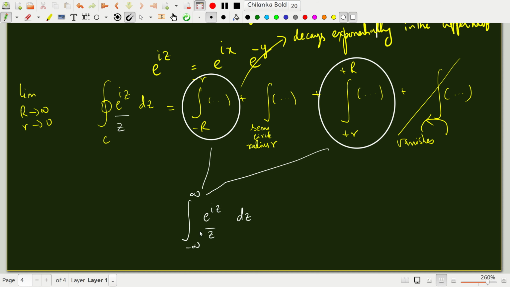And because it's along the real axis, you can substitute z for x, right? So this is the integral we want.